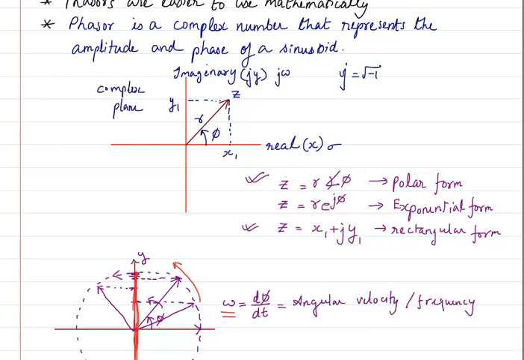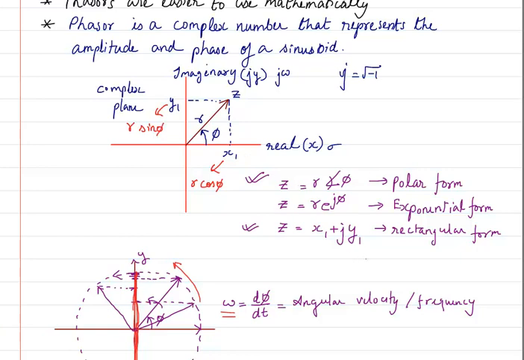One more thing we can see here is that x1 can be written in terms of r and phi as a projection, so it is r cos phi. Similarly, y1 can be written as r sin phi.